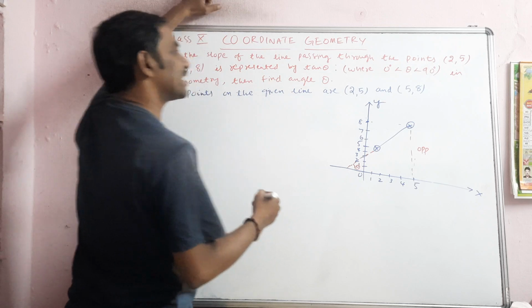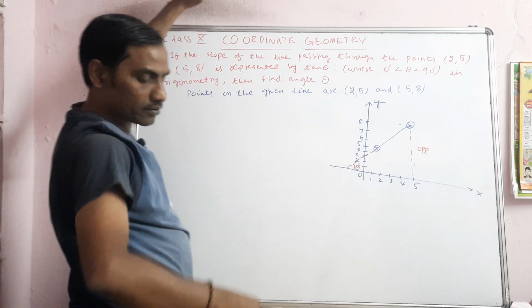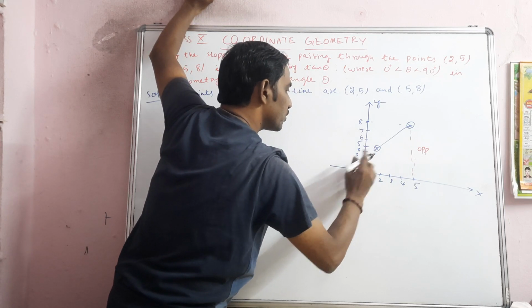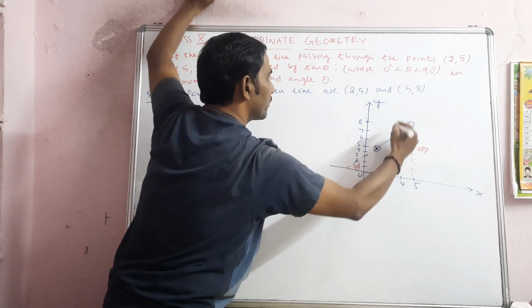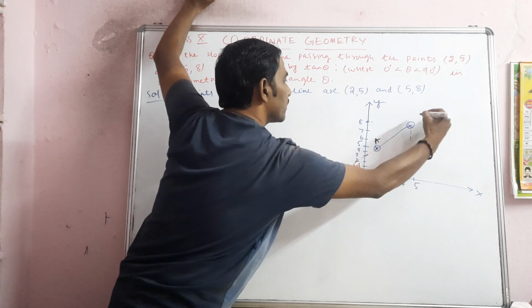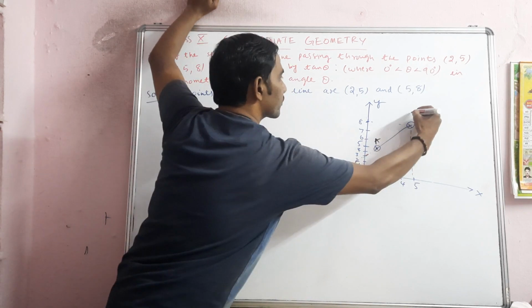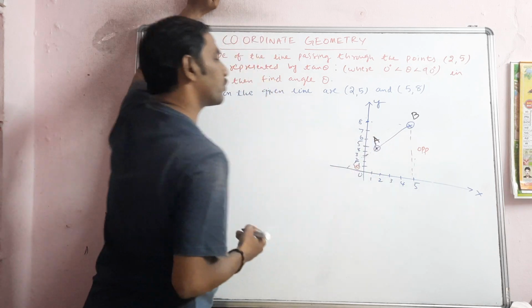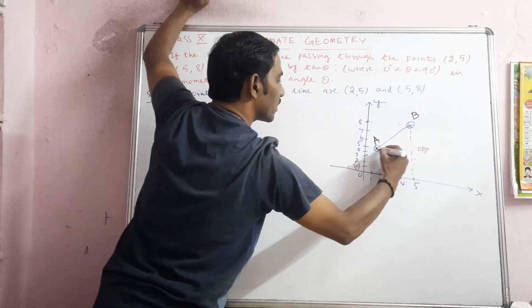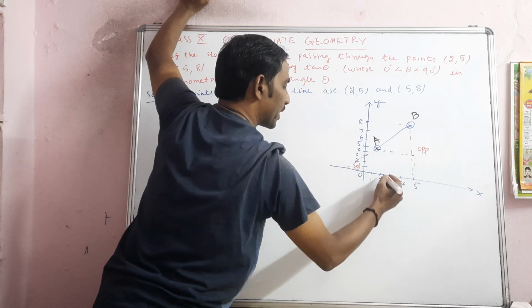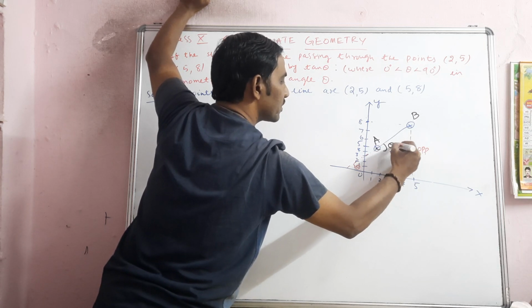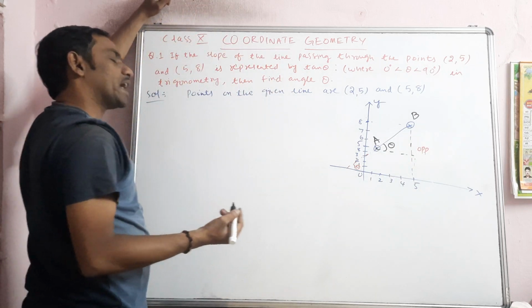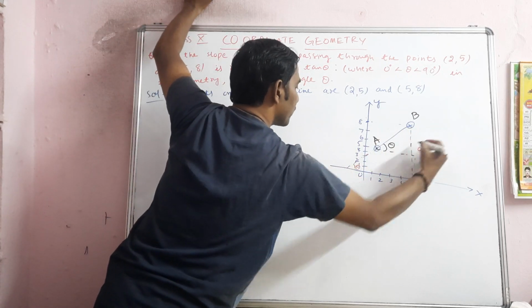Otherwise you can do it another way. Instead of extending, you can draw one horizontal line at the first point. Call the first point A and the second point B, and draw a horizontal line parallel to the x-axis. Whatever angle you get here, tan theta is opposite by adjacent.